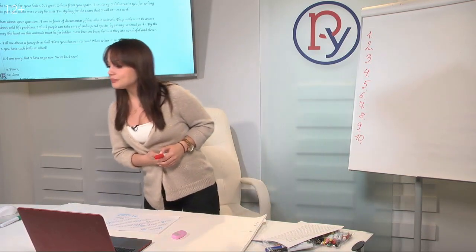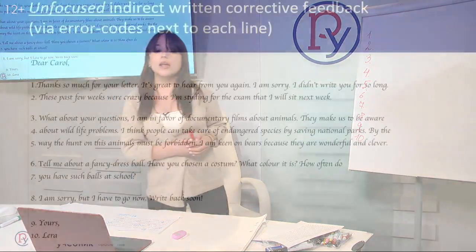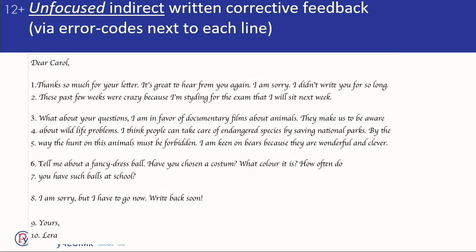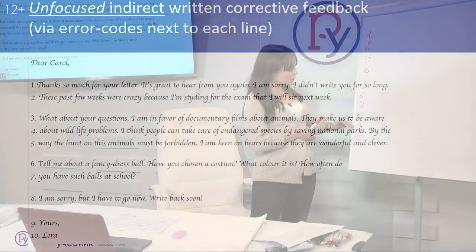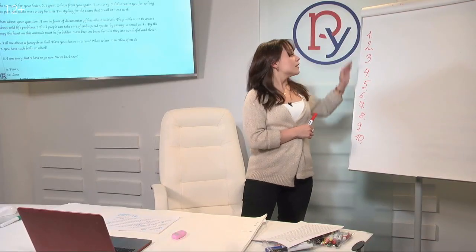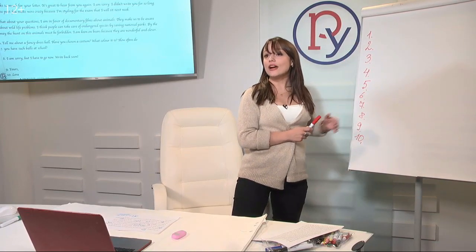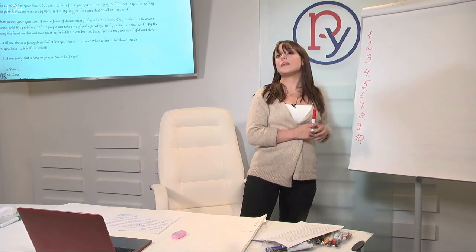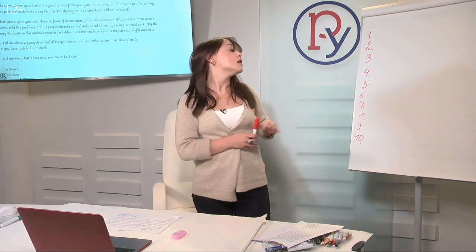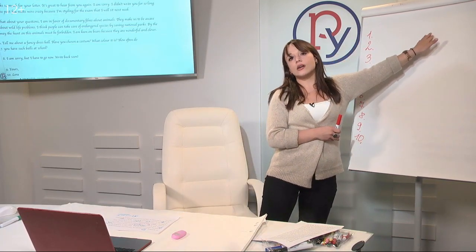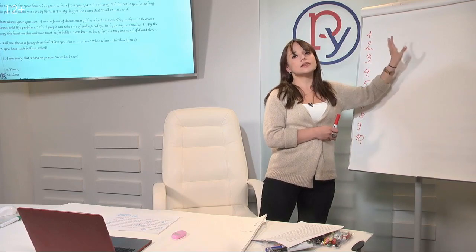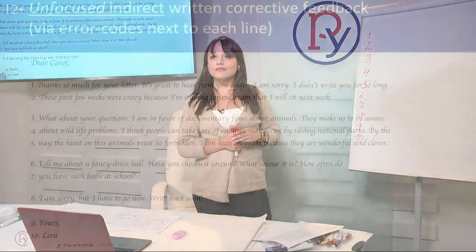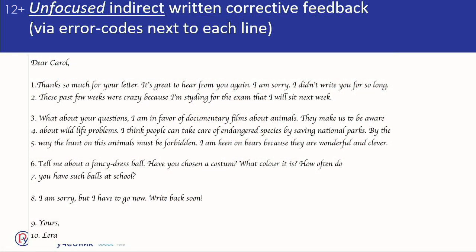All right. So you will just number the lines in your notes and write error codes. There can be more than one mistake in each line, so you'll just write error codes with a comma. Some lines are absolutely correct, right? And we will discuss it in 3 minutes' time.